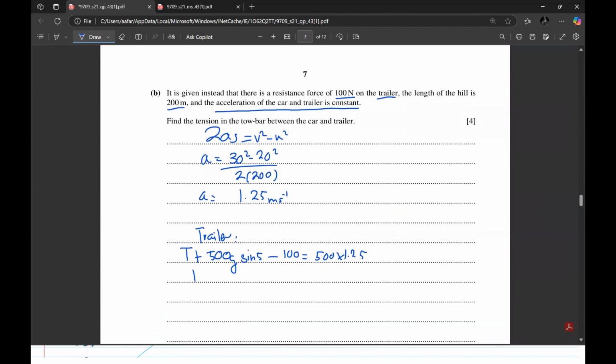So from here, T we get is basically 49 Newton. Understand? Okay.